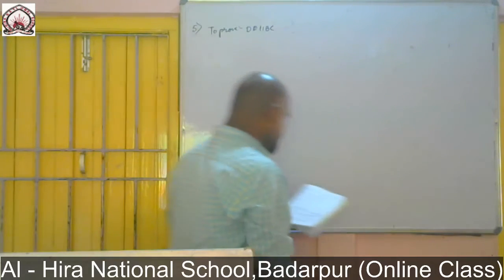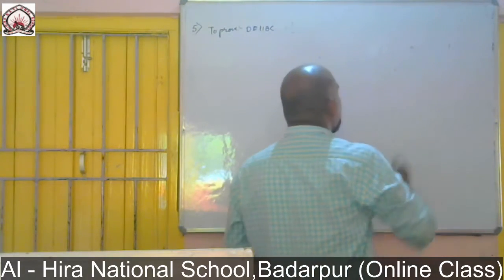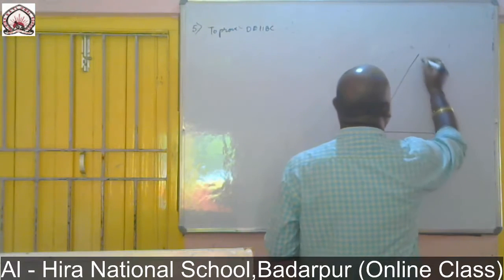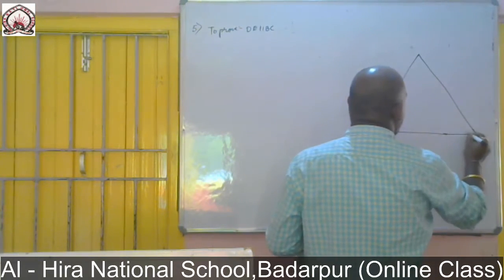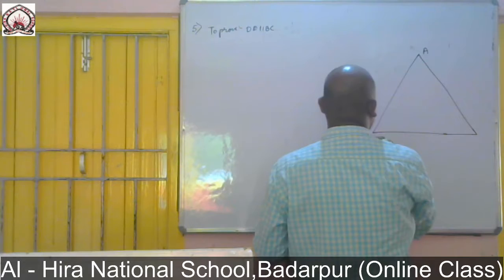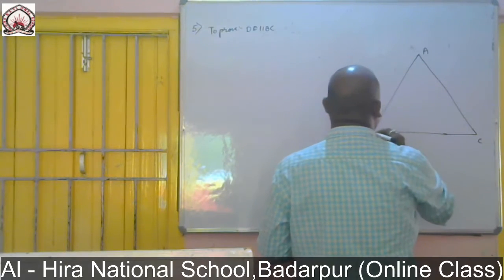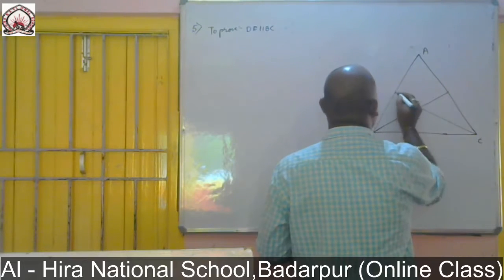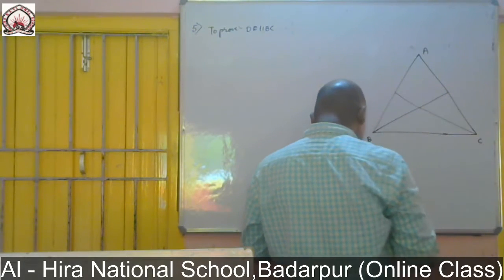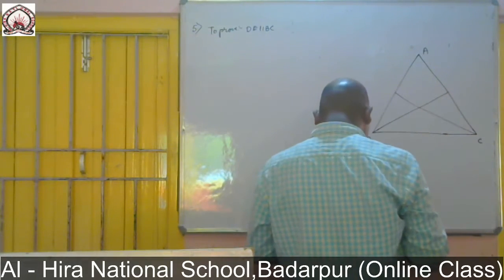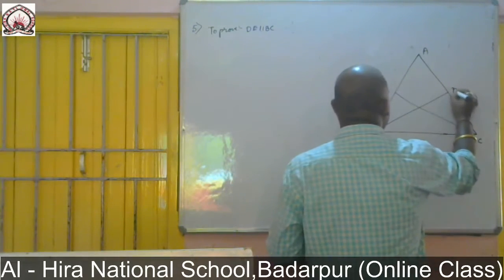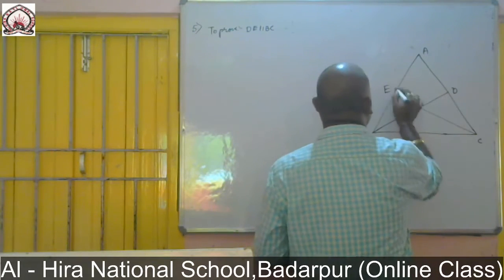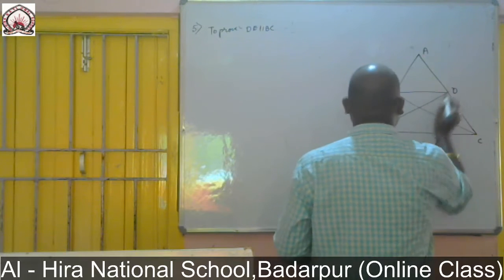Now all the things are given. This is A, B, C. The bisector of angle B meets at the point D, and this meets at the point E. Now we have to join.